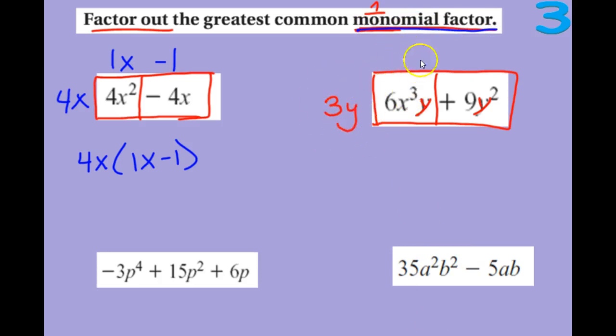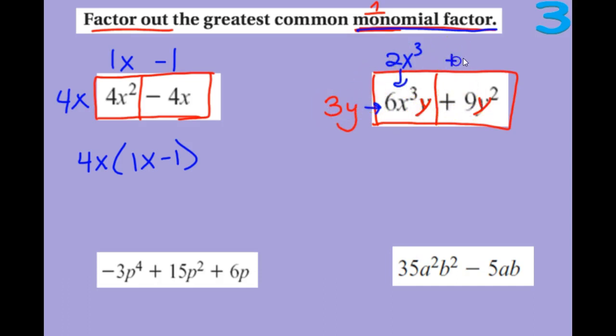So what's left over if I take out a 3 and a y? Well, think 3 times 2 would give me 6. There's 3 x's that still have to be put in somewhere. They got to come from this group up on top. That would give me the x to the third. And if I took out the y, there's no other y's I need to put in. Think these two multiplied would give me this term.